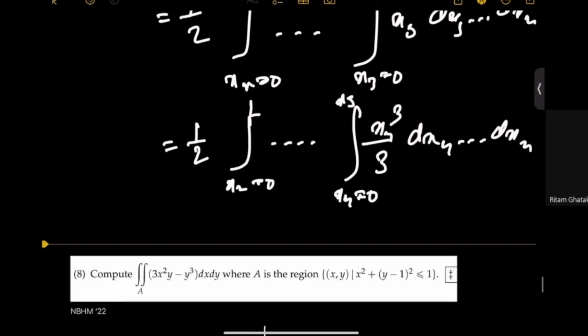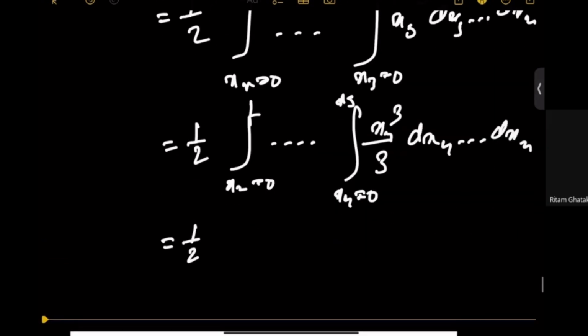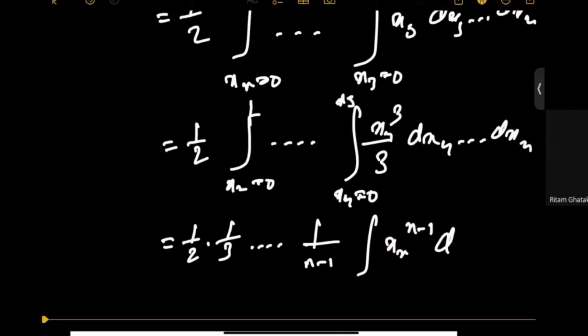So 1 by 3 I can pull out: 1 by 2 into 1 by 3. It will go on like this, and finally it will be 1 by n minus 1 times the integral of xn to the power n minus 1 dxn, xn going from 0 to 1. That is how the answer will come out.